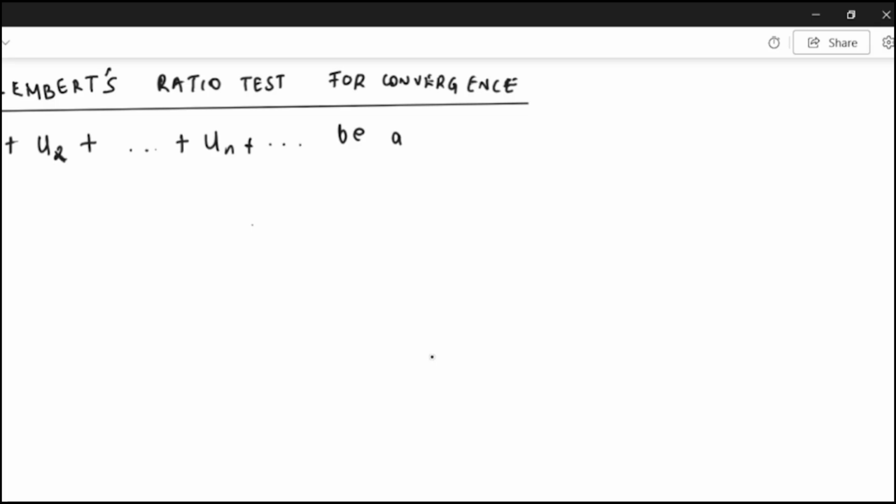We are specific that it must be a series of positive terms. We are not allowing negative terms here. A series of positive terms.